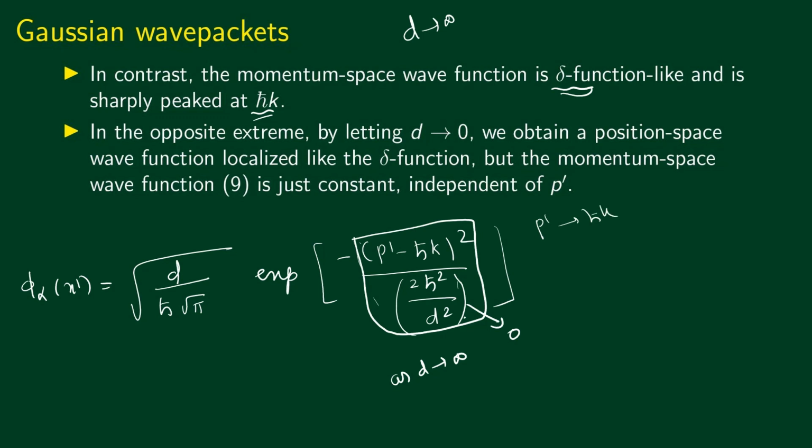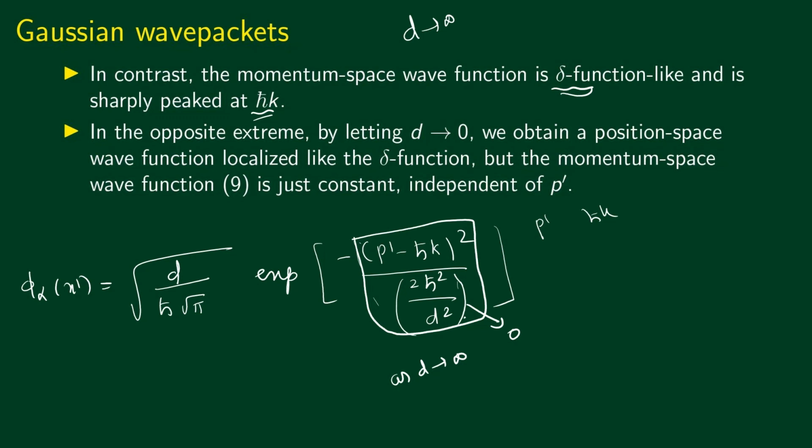So except for the point around p prime equal to h bar k, this term goes to infinity and this exponential goes to 0. But at p prime equal to h bar k, this term still remains small, and the exponential does not go to 0.